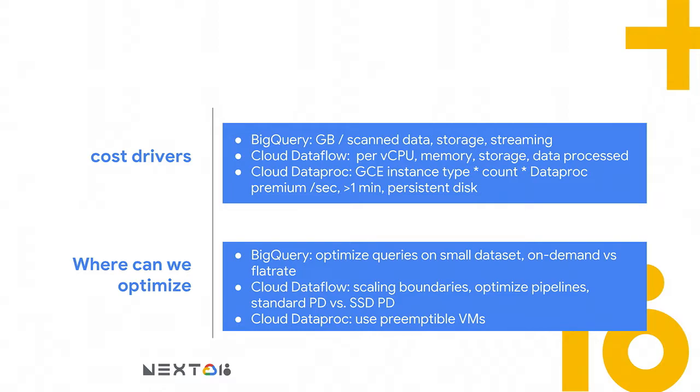Now, what are the cost drivers for these systems? If you look at BigQuery, it's basically scanned data, or what your query touches in terms of data. Storage is very reasonably priced, pretty much at nearline and coldline prices for cloud storage.